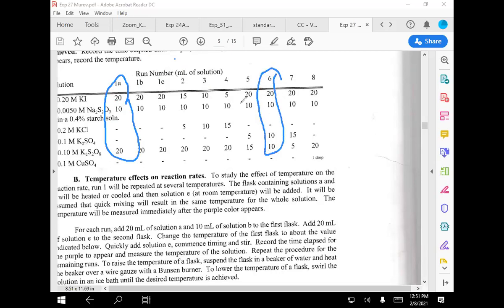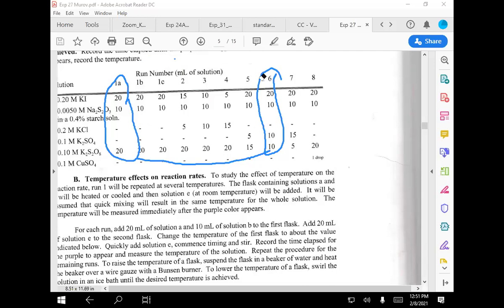That's not going to help us with the iodide, but that will help us with the S2O8. We're keeping the iodide constant, but changing the S2O8. If the rate stays the same, then the S2O8 is not in the rate law. All these are reactants? The iodide and the S2O8. Oh, okay. My bad.